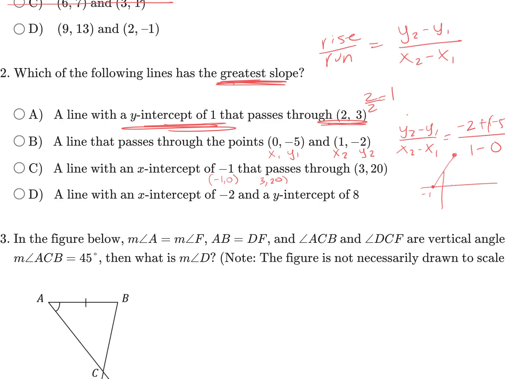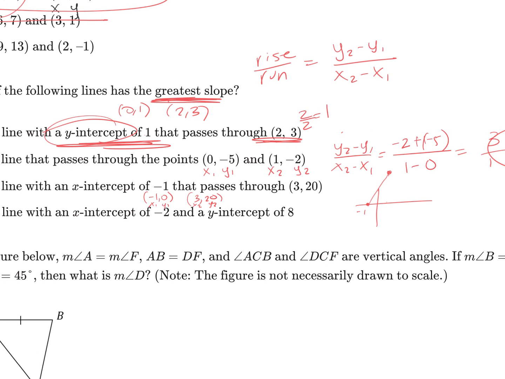So we can actually do the slope formula: x1, y1, x2, y2. By the way, for the previous one, instead of graphing, if the y-intercept's 1, we could have done 0, 1, 2, 3, and used the formula.